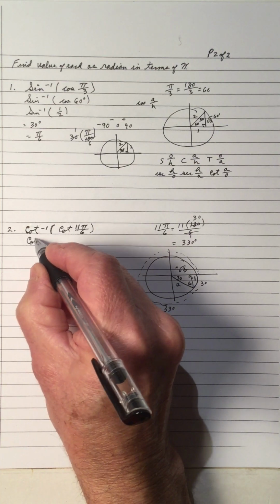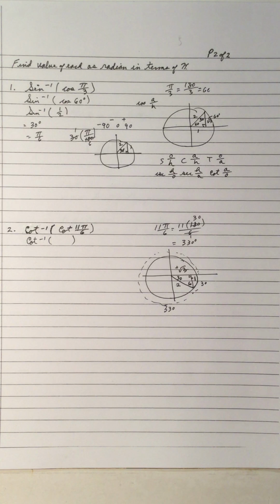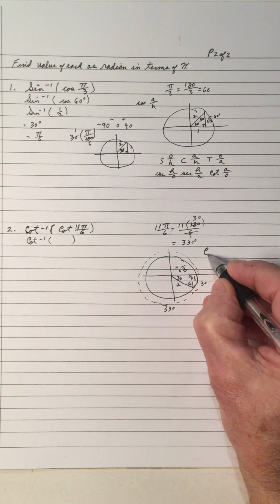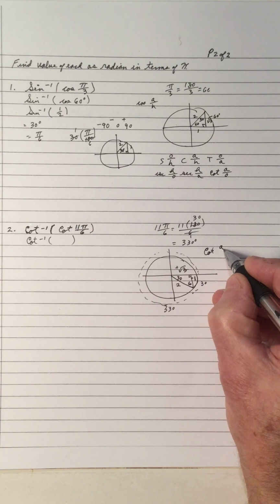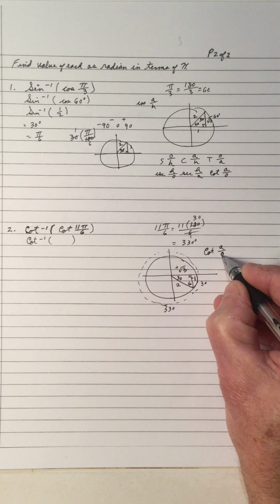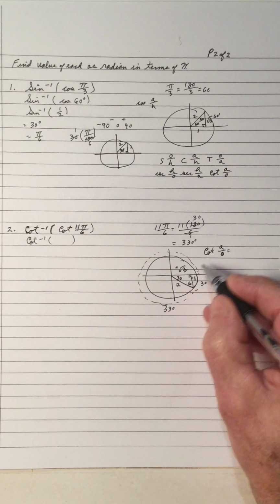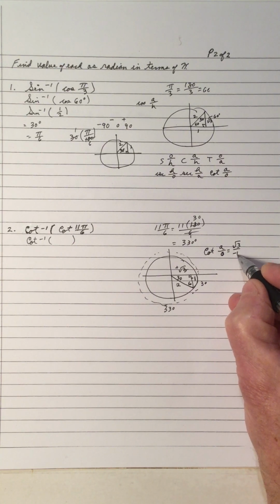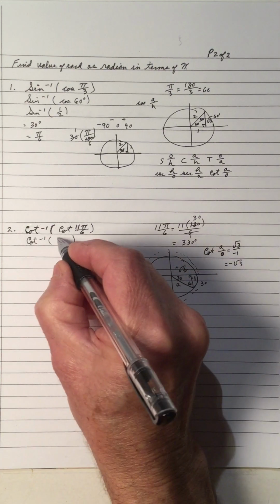So we're ready to do the cot of 330, which is the same as the cot of 30 with the sign. Tan is opposite over adjacent, cot is adjacent over opposite. So that means adjacent, which is root 3, over opposite, which is negative 1. So it's negative root 3.